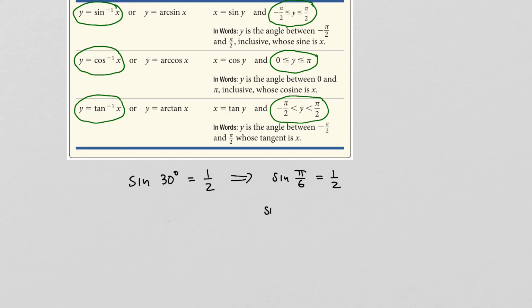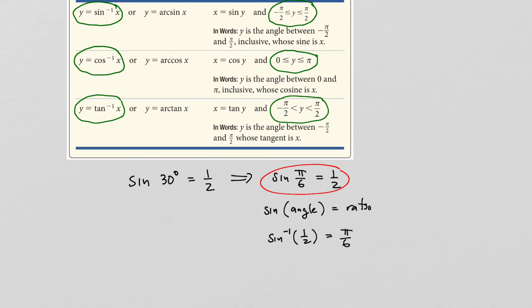So the basic idea is you take a trig function of an angle, and that is going to give you the ratio. That's the main idea with trigonometry. The inverse trig function reverses that relationship. So the way you would say this using inverse trigonometry is you would say the inverse sine of 1/2 is equal to pi over 6. It simply reverses the thought process.